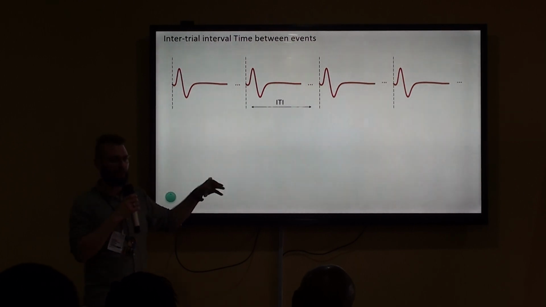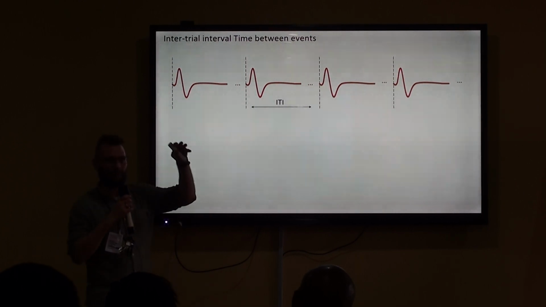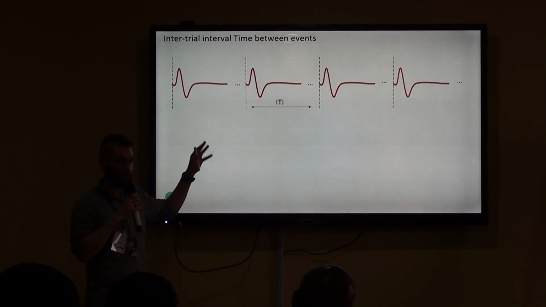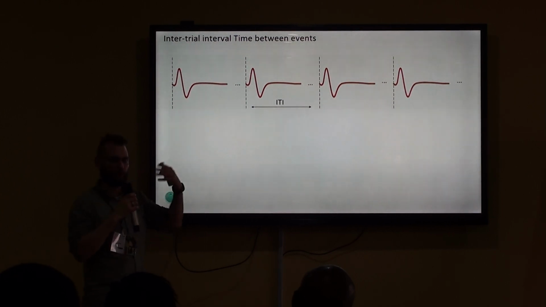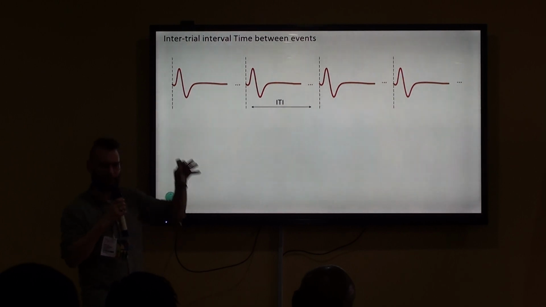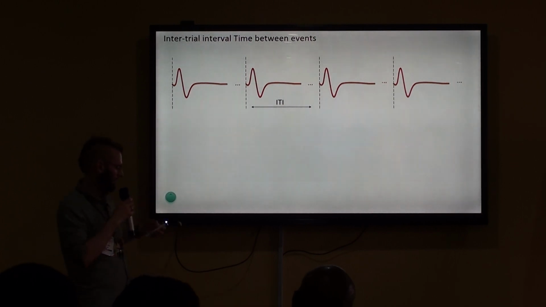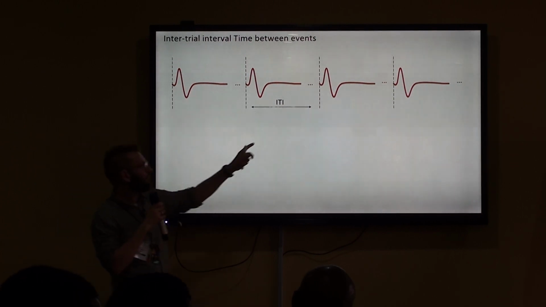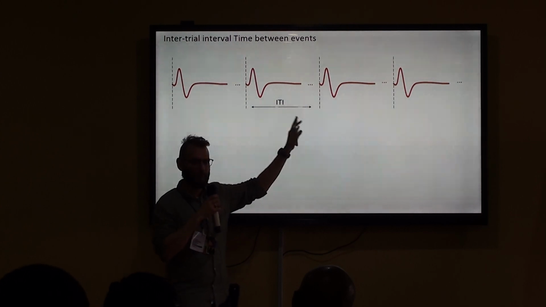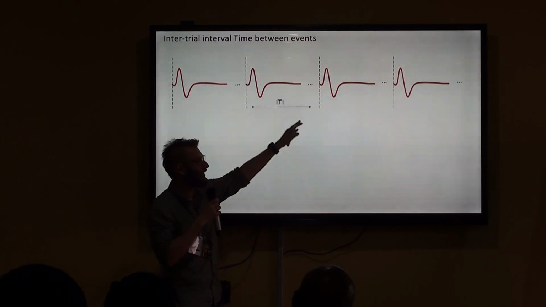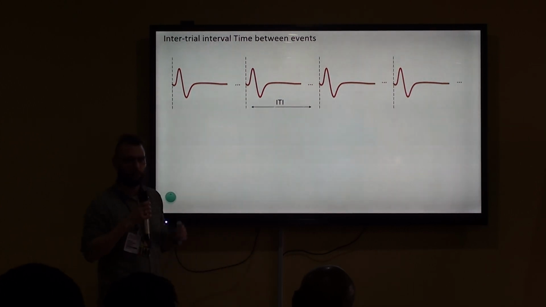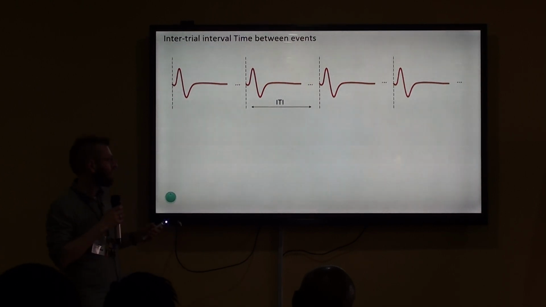These readiness states are associated with a build-up in negative voltage that is measured with EEG. So if people start to predict too much what will come, you start to have a bias in that. So we would also have some random interval on top of the required interval to make it balanced.